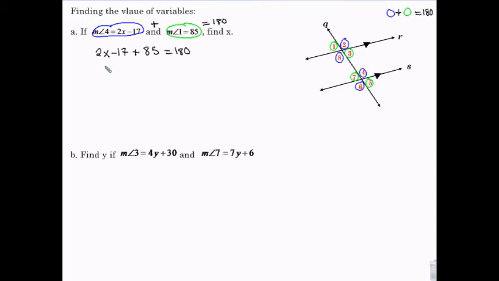Okay, so I have 2x plus 85 minus 17, which I don't have that memorized. 68. I'm going to subtract 68 from both sides to get that 2x is equal to 112.